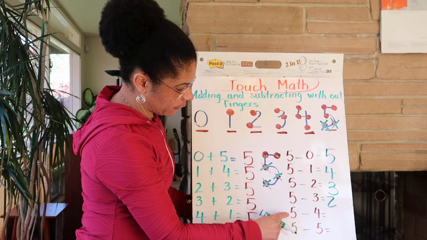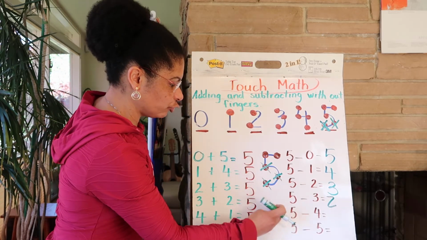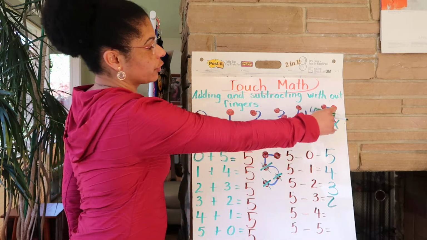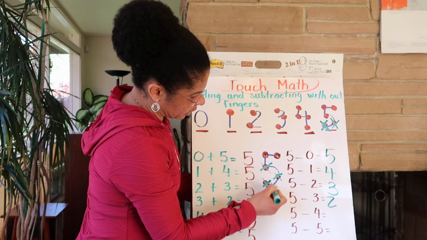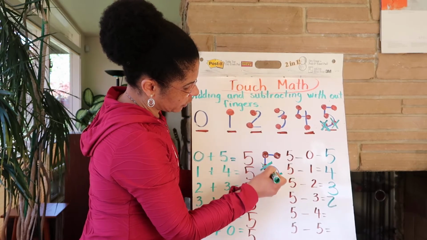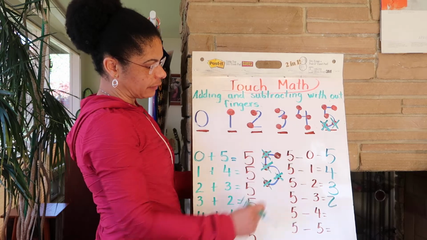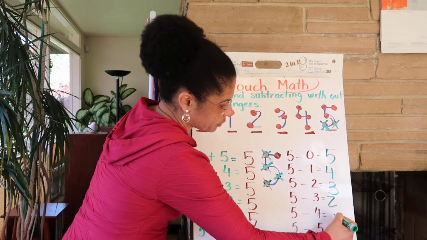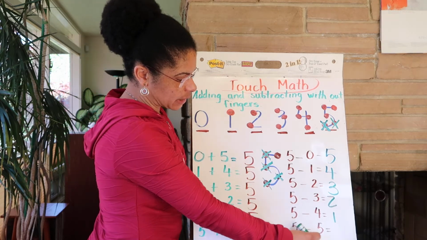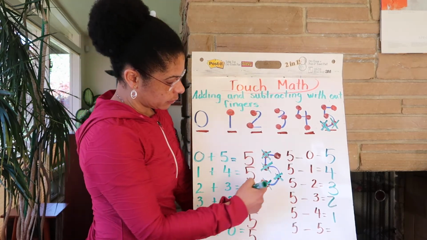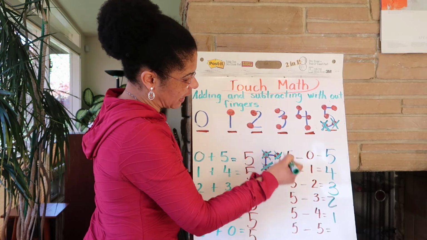And you keep going. 5 subtract 4. You could either draw a new one, or you could use the one that you have right there. 1, 2, 3, 4. What do you have left? 1. 5 subtract 5. 1, 2, 3, 4, 5.